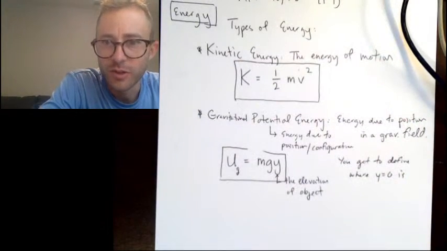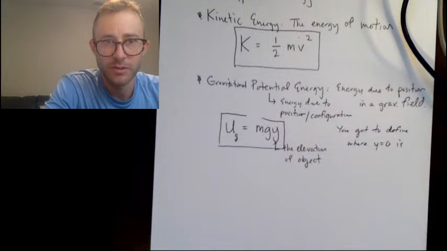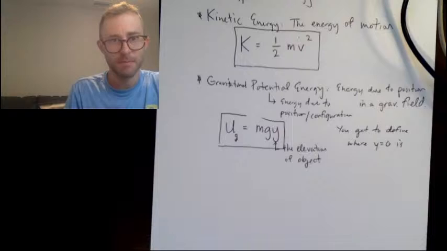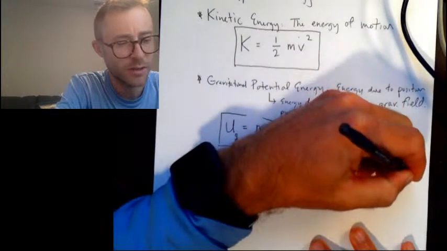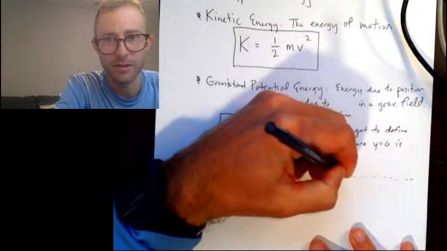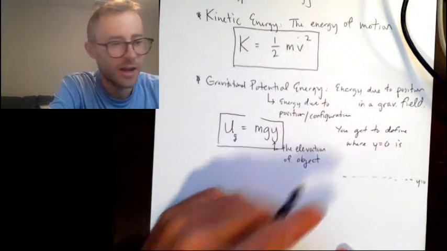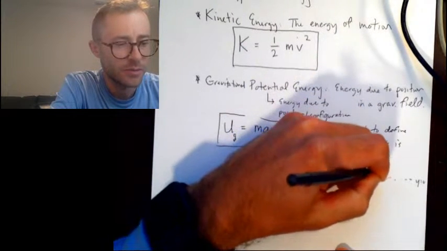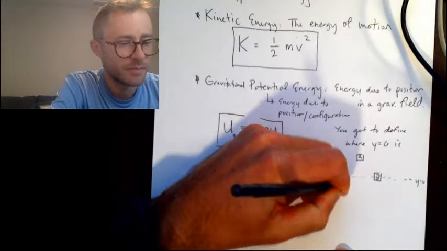You get to define the zero of gravitational potential energy, and it's not going to affect the result of the problem. For example, what if I put y equals 0 right here? And then I have three objects: object A, object B, and object C.